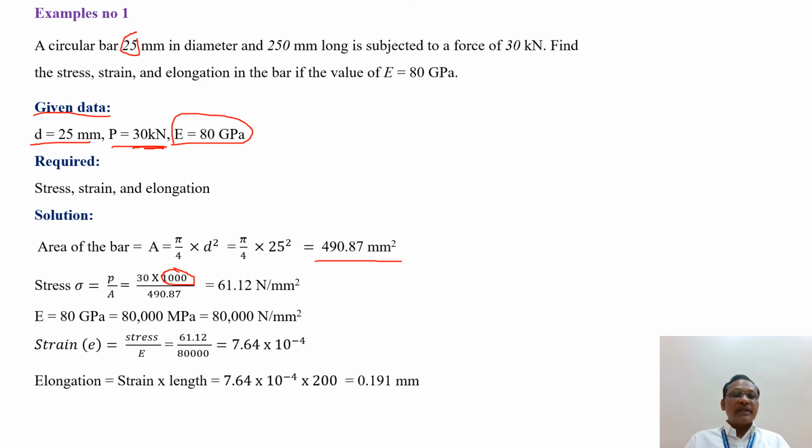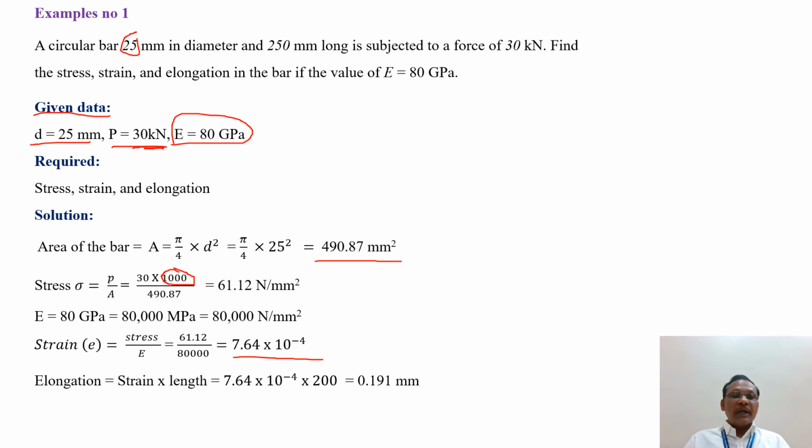Now Young's modulus is given as 80 GPa. So you convert this GPa into megapascal by multiplying by 1000. So you'll get 80,000 MPa, or 80 into 10 raised to 3 Newton per mm square. Once we know the stress, then we can calculate the strain, that is stress upon Young's modulus. Substituting the value of stress as 61.12 divided by 80 into 10 raised to 3, that is 80,000, we get the strain equal to 7.64 into 10 raised to minus 4.